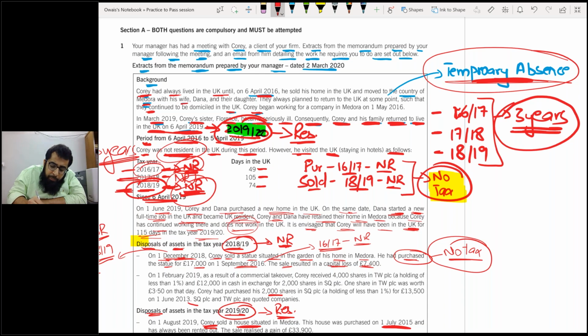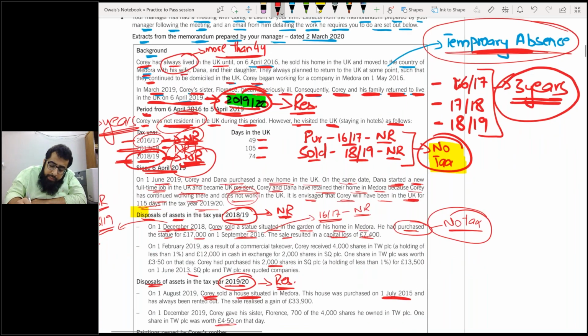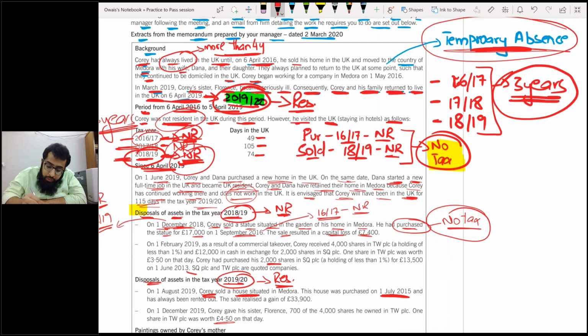This means that he had been UK resident for more than 4 years. On 6th April 16, he sold his home in UK and moved to the country of Medora. This means he left UK residency in 16-17. They always planned to return to UK at some point, such that they continued domicile.